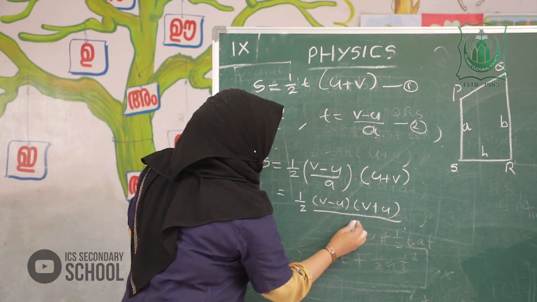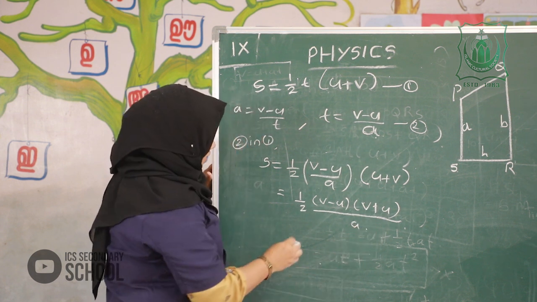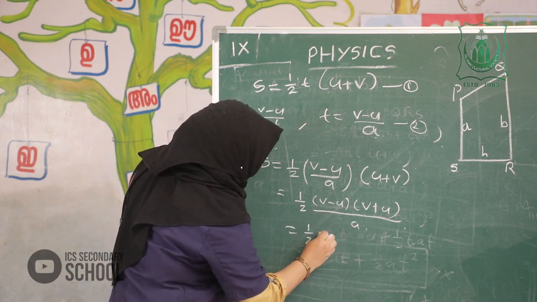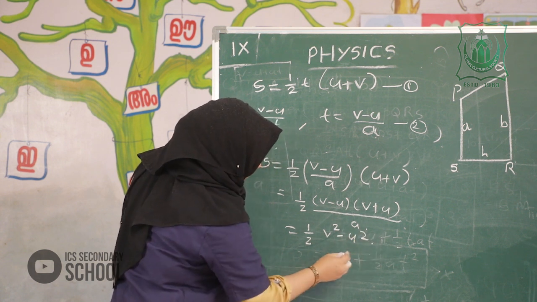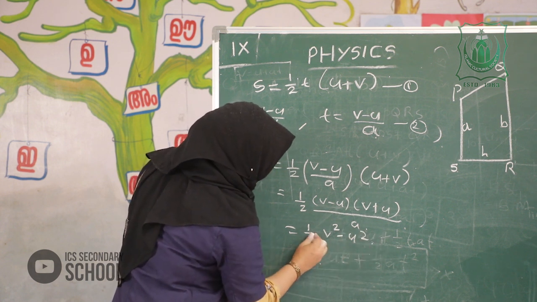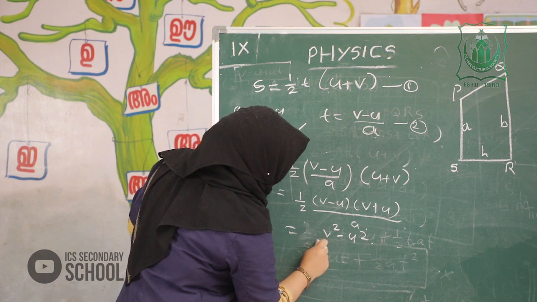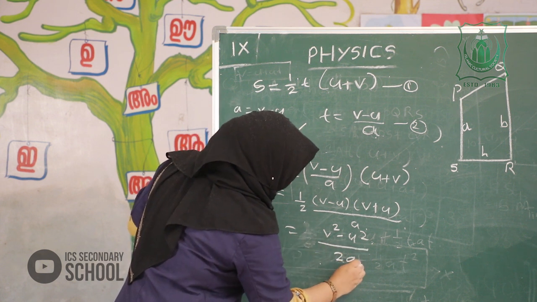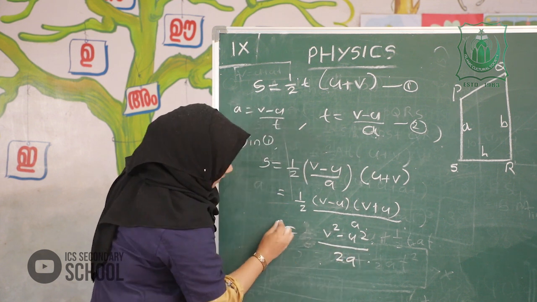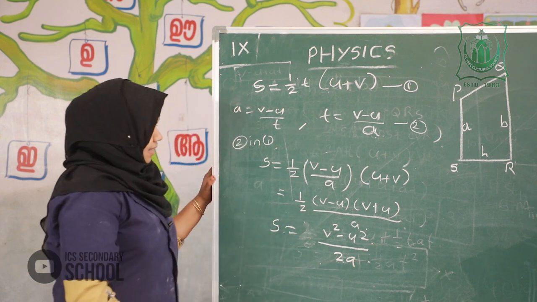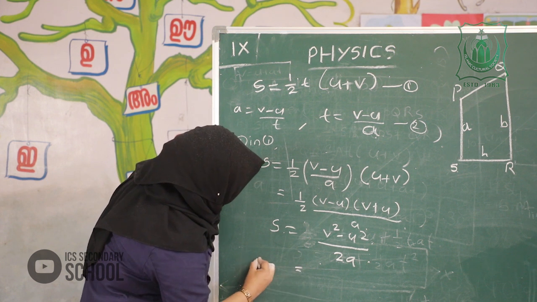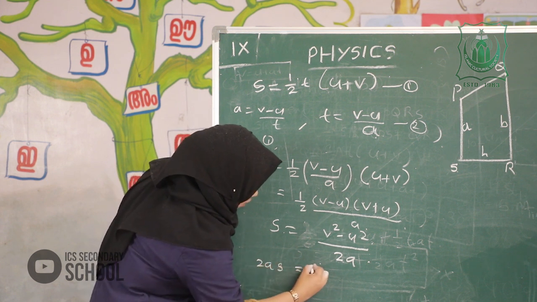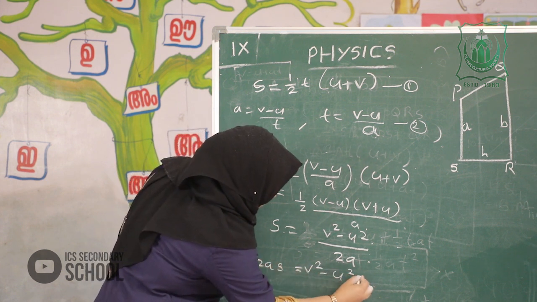What is? Yes, a square minus b square. So, half into v square minus u square by 2a. We get s is equal to v square minus u square divided by 2a. So, 2as is equal to v square minus u square.